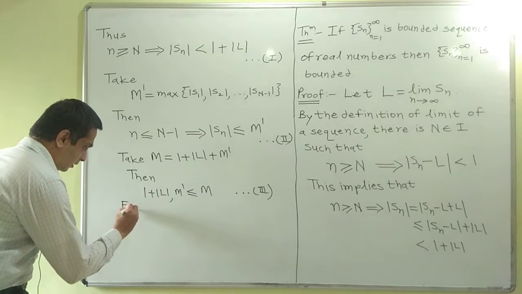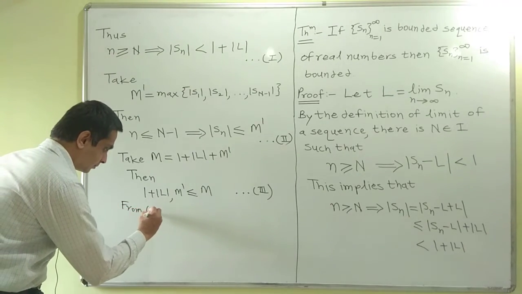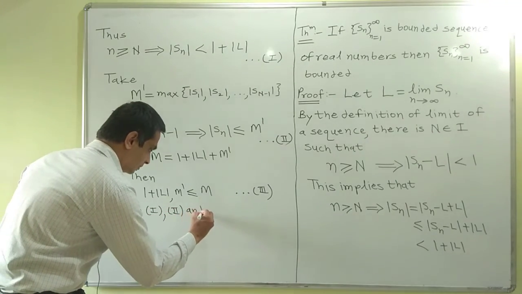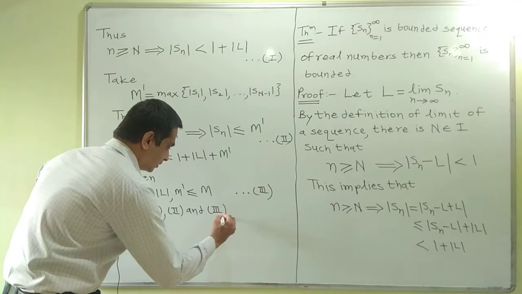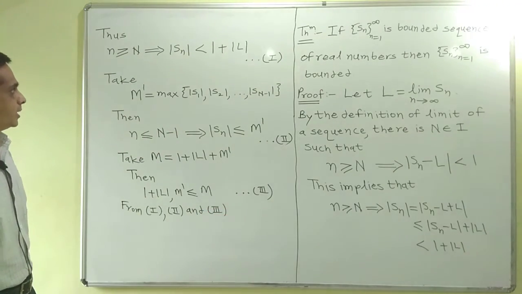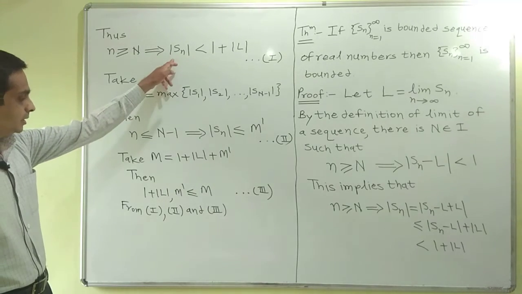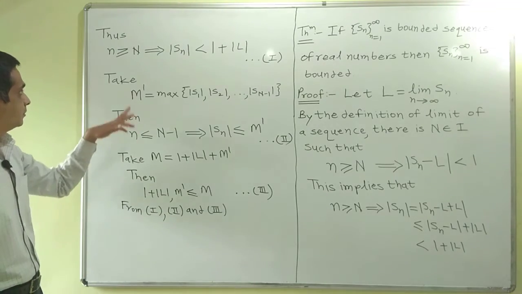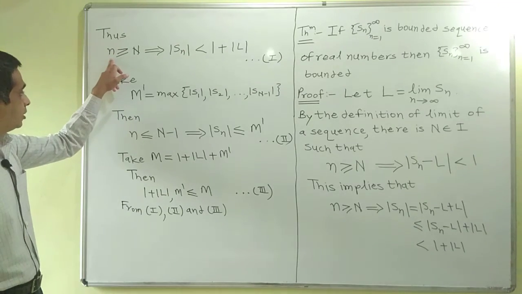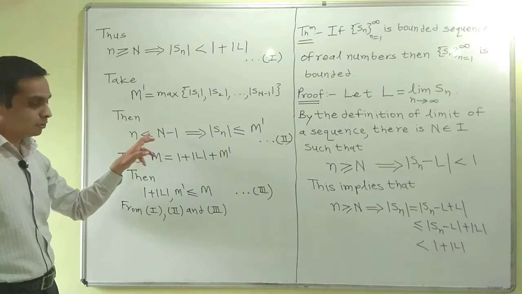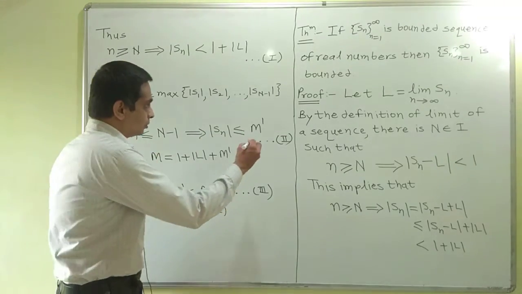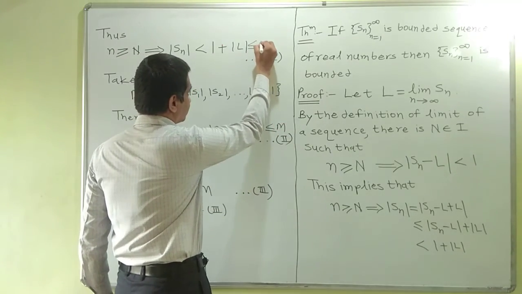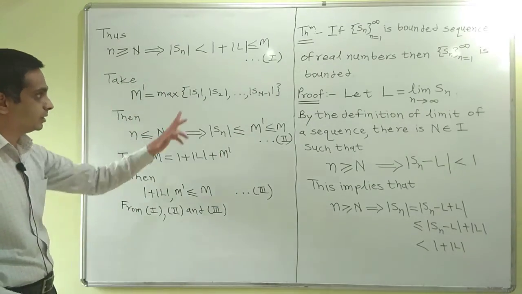From first, second and third, we can conclude that mod Sn is less equal to M for all n, because n greater equal to N is covered here, n less equal to N minus 1 is covered here, and with our choice of M we can observe this.